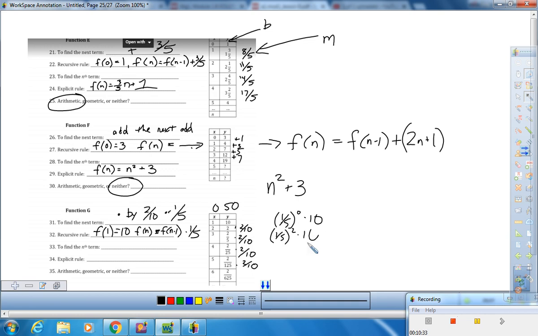So just like some of the recent ones, the explicit rule is f of n is 10 times 1/5 to the n minus 1, and that is geometric.